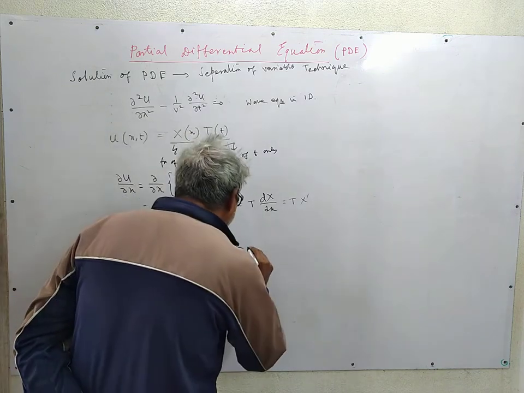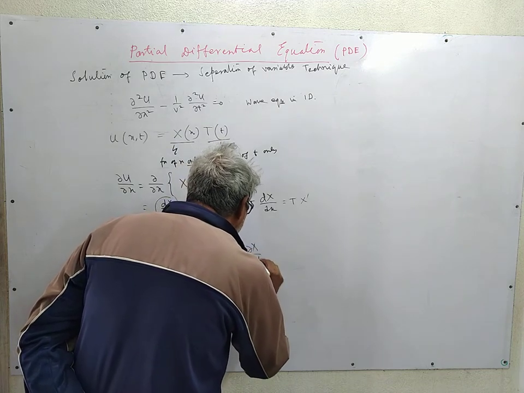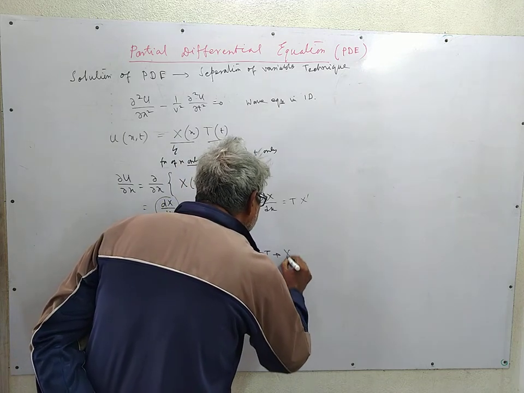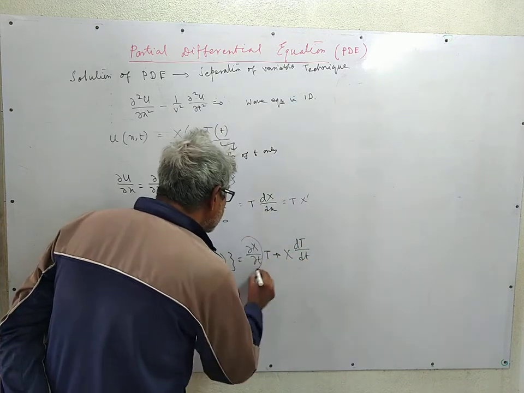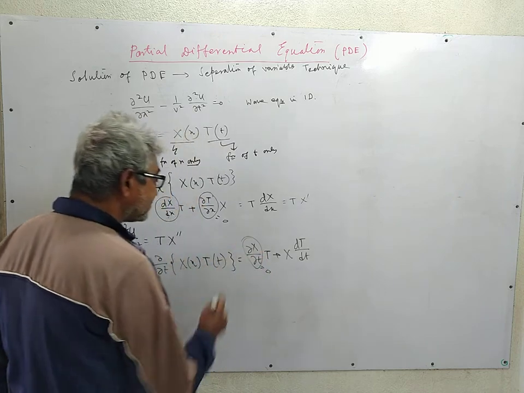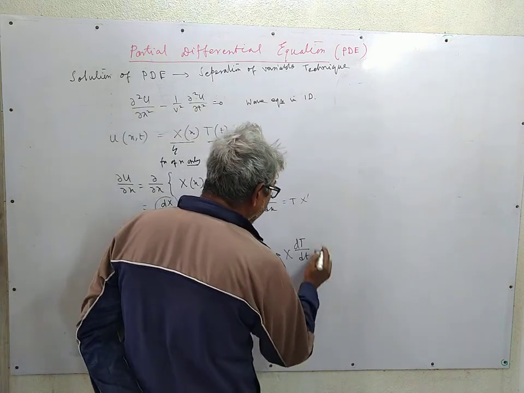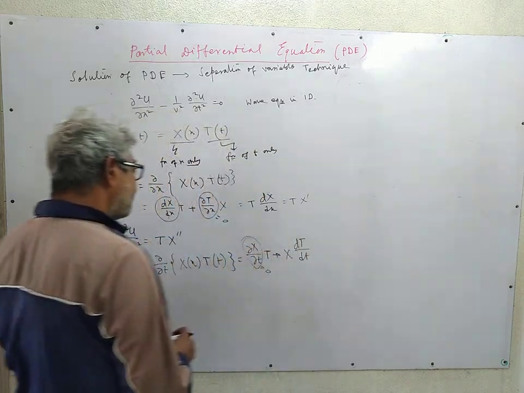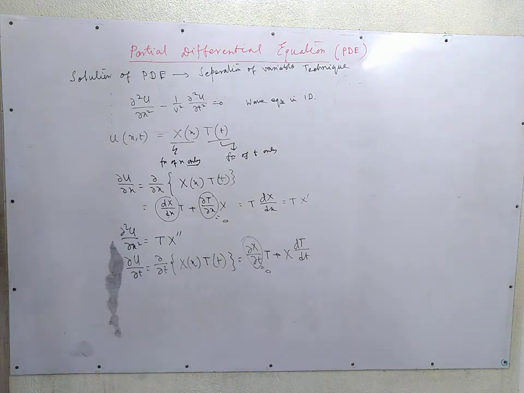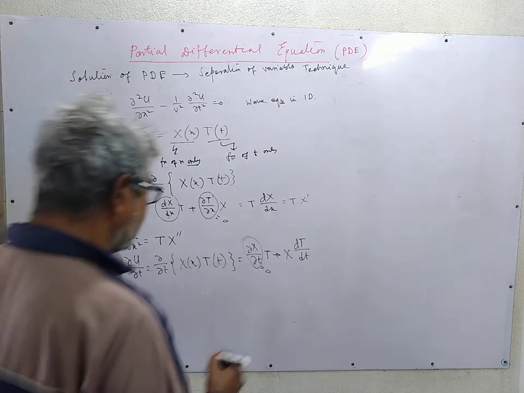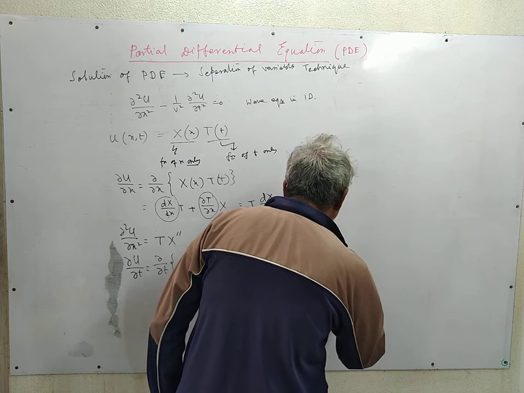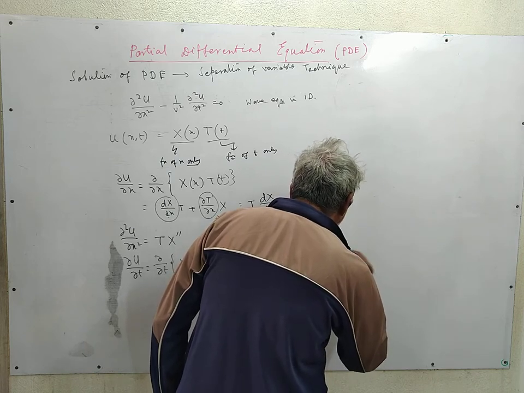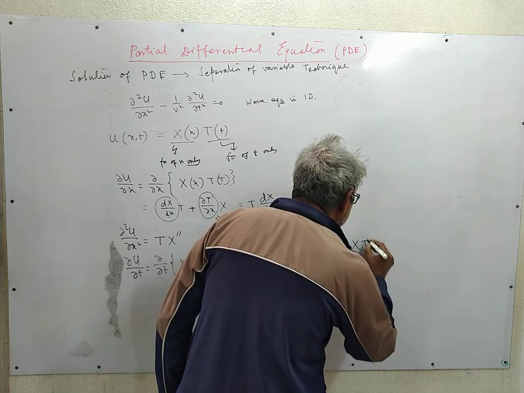This is del X del t times T plus X times dT dt. The first part is 0 as capital X doesn't have any t dependence, and capital T has sole dependence on small t, so we have used total derivative instead of partial derivative. So this is X times dT dt, which can be written as X T dot.